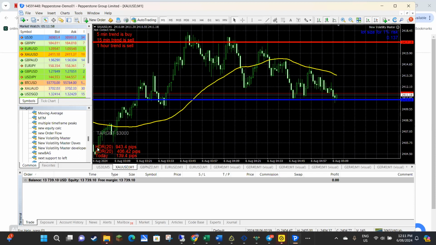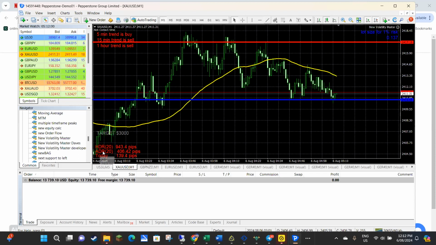Likewise, down here, this is showing you the ADR for the last 20 days. So that's the average daily range, the highest daily range, and how far the market's moved so far today. This is only a display as well. This is just for your own personal information. It doesn't play any part in how the software operates, at least not at this stage.